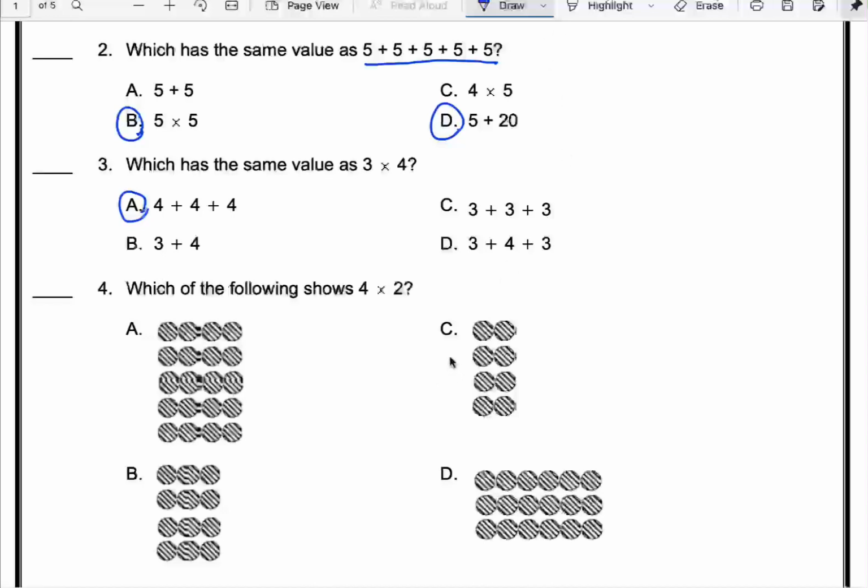You said C. The C is 1 time 4 and 2 times 4. 2 times 4 equals 8. Oh, that's right. And also we can say that 4 multiplied by 2, so we have 4 rows and 2 columns. Yes. Thank you, my hero. We have 4 rows of 2. Okay, my heroes, any problems?